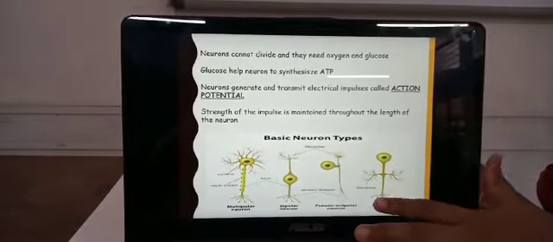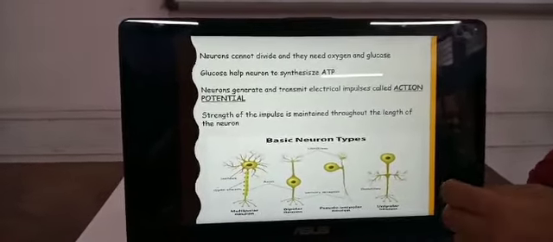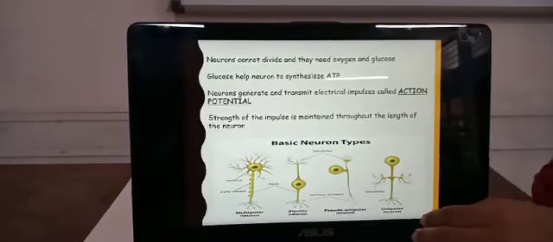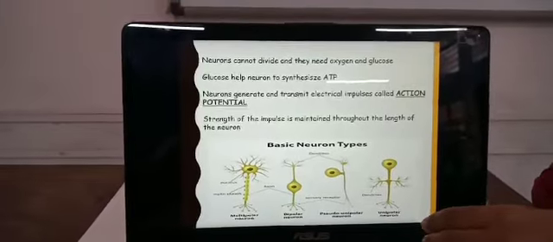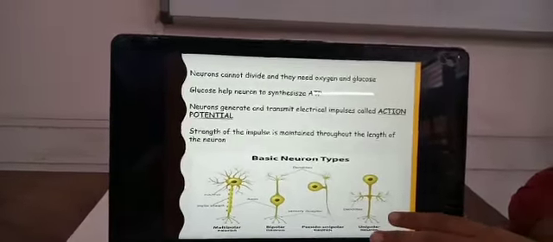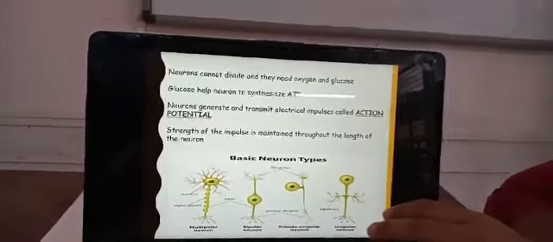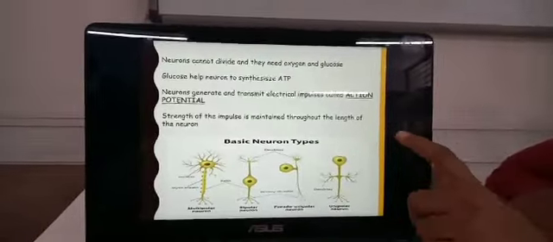Now going to the next one, neurons cannot divide and they need oxygen and glucose for their survival. Glucose helps the neurons to synthesize ATP. Now neurons generate and transmit electrical impulses called the action potential. So what does the neuron do?